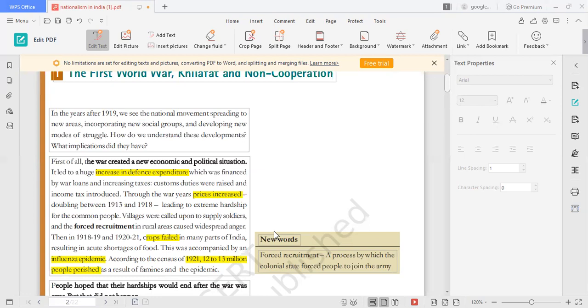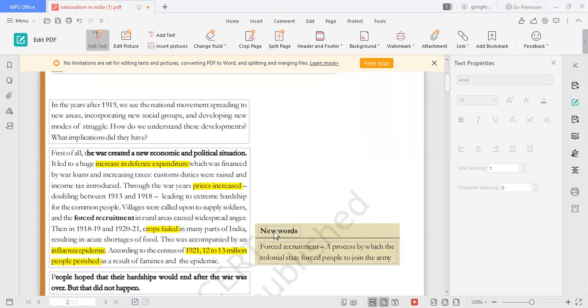Forced recruitment for the military supply of soldiers caused widespread anger in the villages. Crop failure resulted in shortage of food. These problems were accompanied by the influenza epidemic. Because of these reasons, 12 to 13 million people perished in the epidemic.